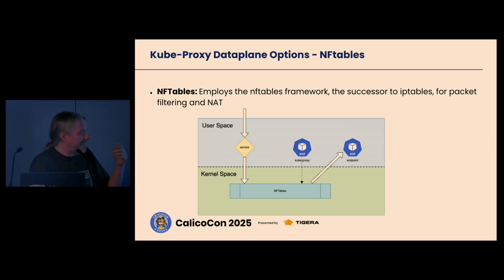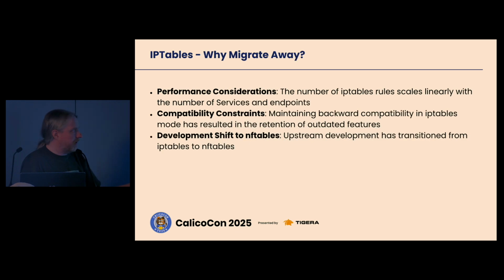Now, when it ships it off to an endpoint, we're not using equal cost probability like we did with IP tables. We're also not using more advanced load balancing mechanisms that we have in IPVS. It's somewhere kind of in the middle, where we're using hashing or round robin based on random numbers. Okay, so those are the three options that we currently have if we're looking at the Kube-proxy data plane.